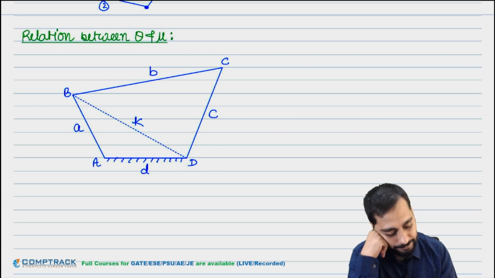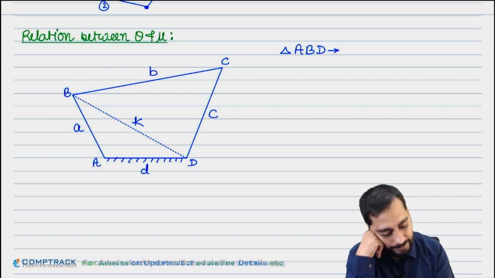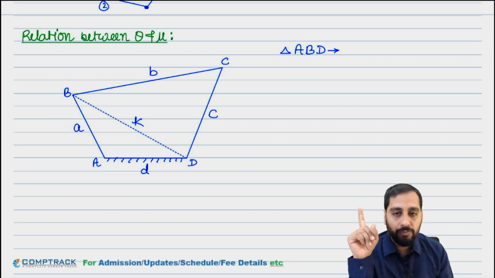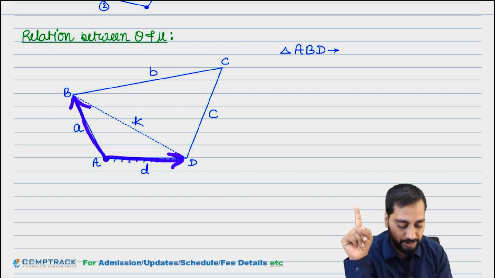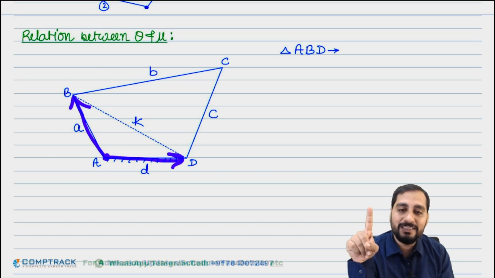Look in the triangle ABD. Imagine, let's say this is force F1, this is force F2. Two forces are there and K is the resultant.